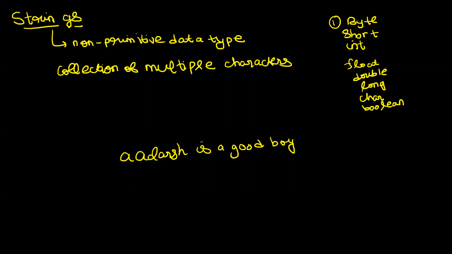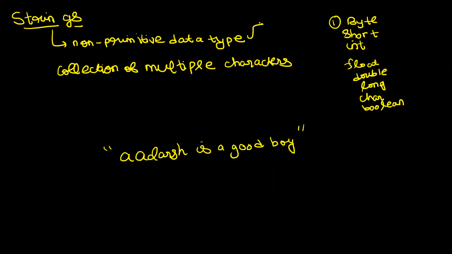And why do I say that a string is a non-primitive data type? Because you can form a string by putting together multiple characters, and characters are primitive data types. So you can put multiple primitive data types one after the other and you get the formation of a string. Long story short, a string is a non-primitive data type.